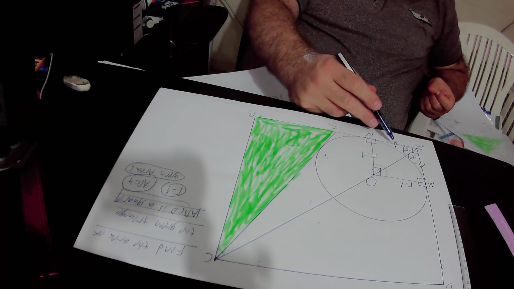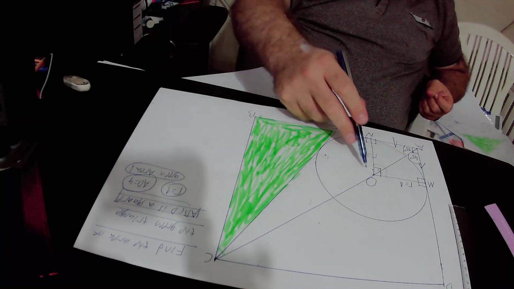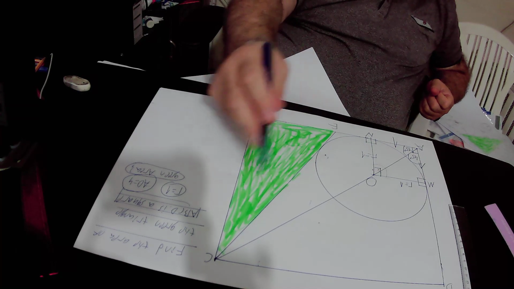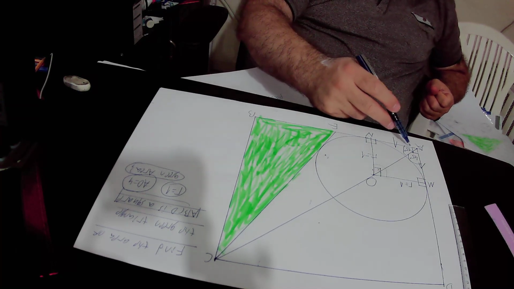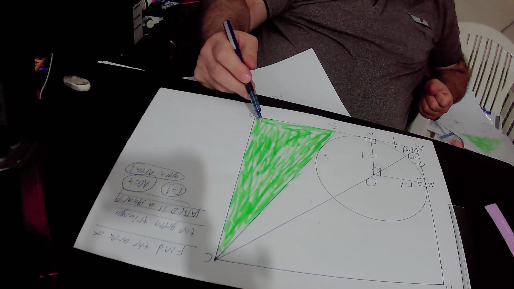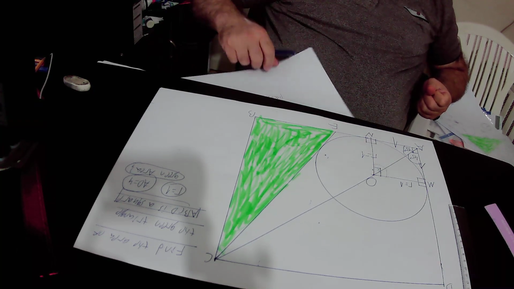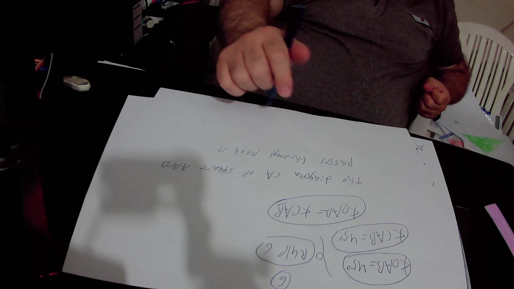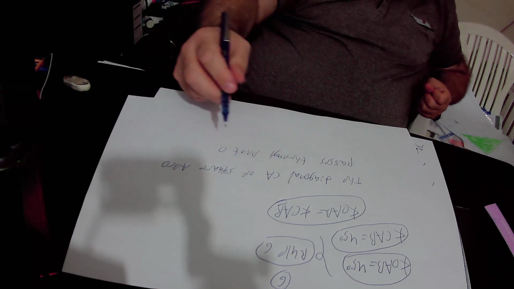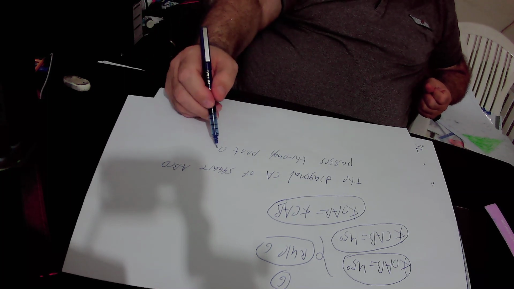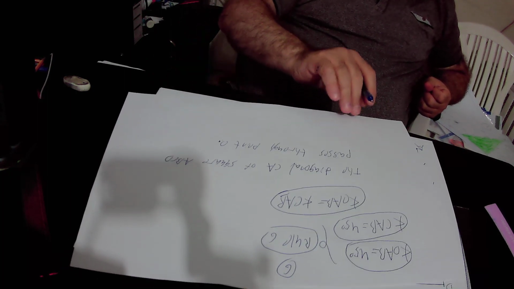Because of that fact, diagonal CA must pass through point O. Otherwise, angle CAB will not be equal to angle OAB. Okay, therefore we conclude that the diagonal CA of square ABCD passes through point O.